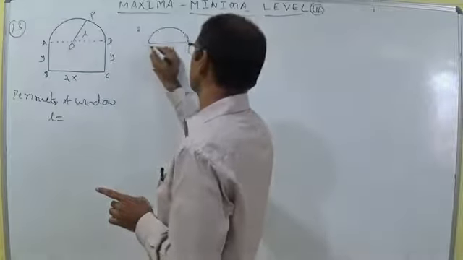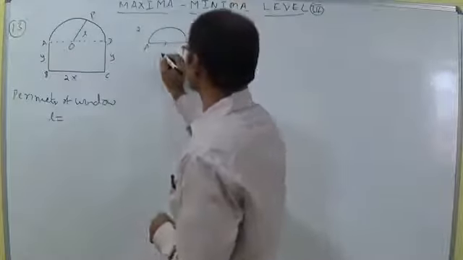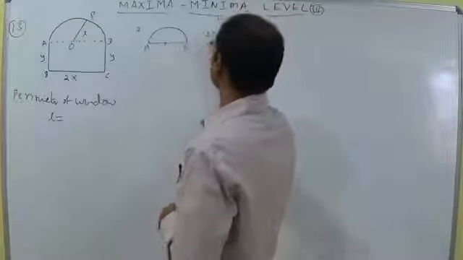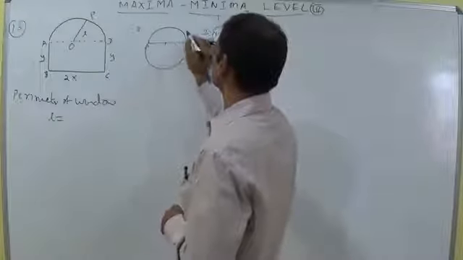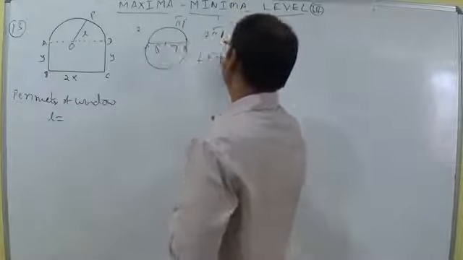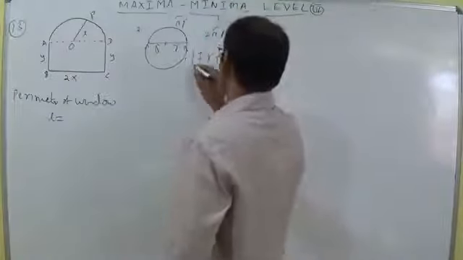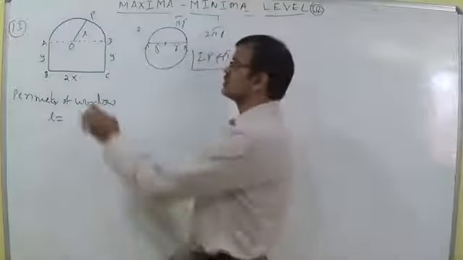For a circle we should not use the word perimeter; we should use circumference. Here the total circumference is 2 pi r. This circle is divided into 2 equal parts. So this is pi r, and this is r plus r, so 2r plus pi r is the circumference of the semicircle. But according to our question this diameter is not there.